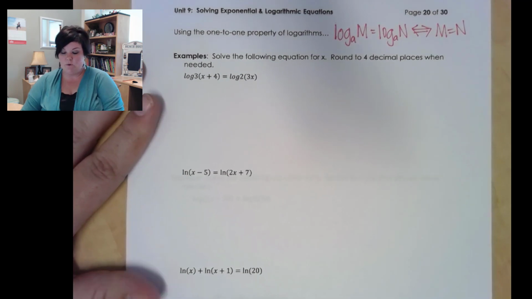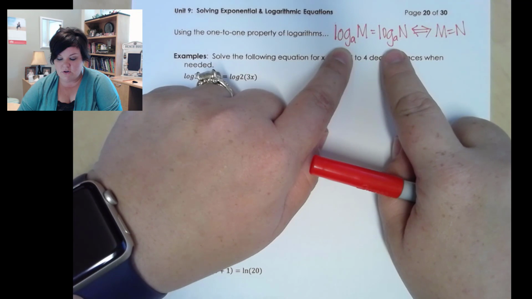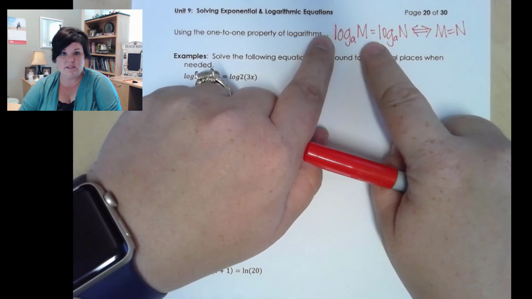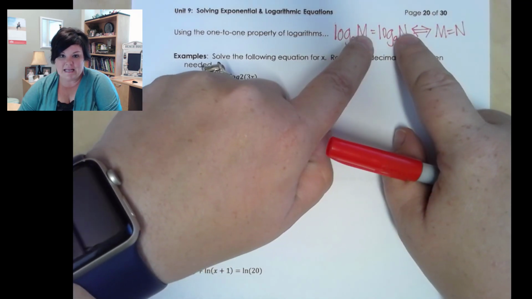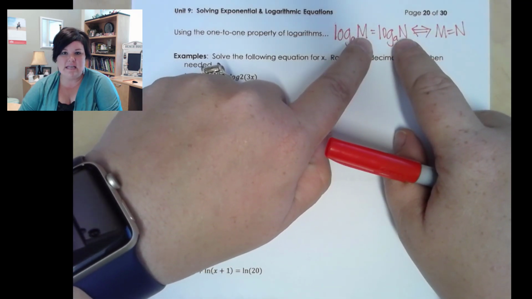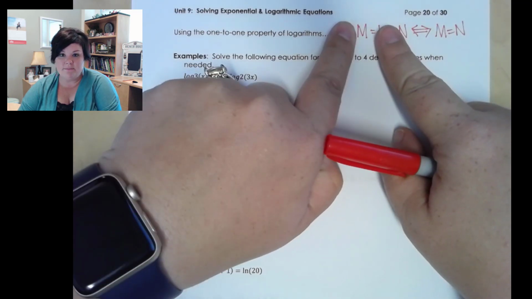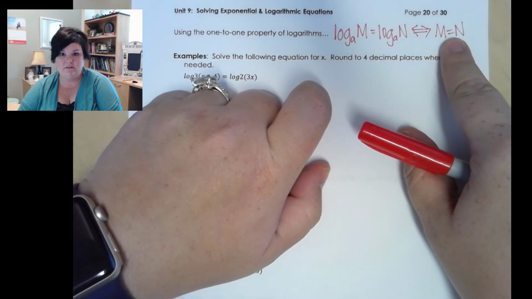So what this is saying to me is if I have a log on both sides, no coefficients, same log base, then my inside the log numbers have to equal for this to be a true statement. So that means I could basically just drop those logs and get m equals n, okay?